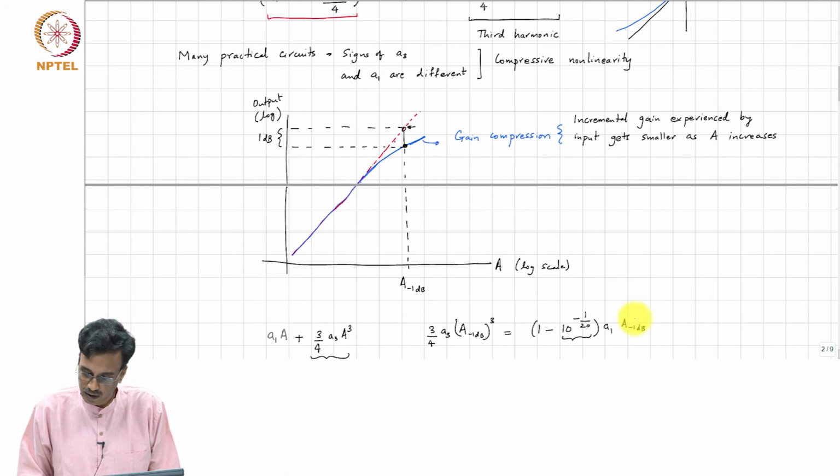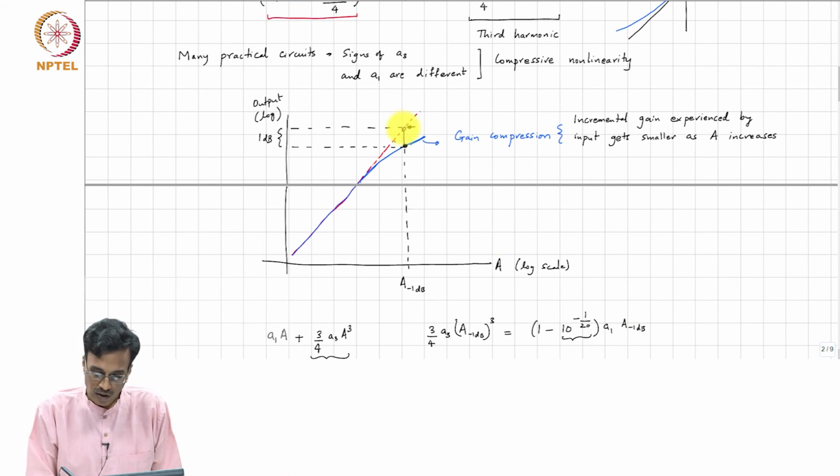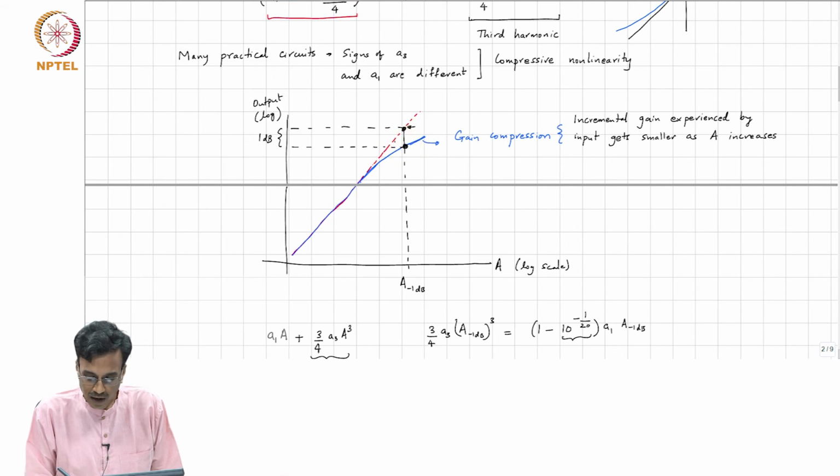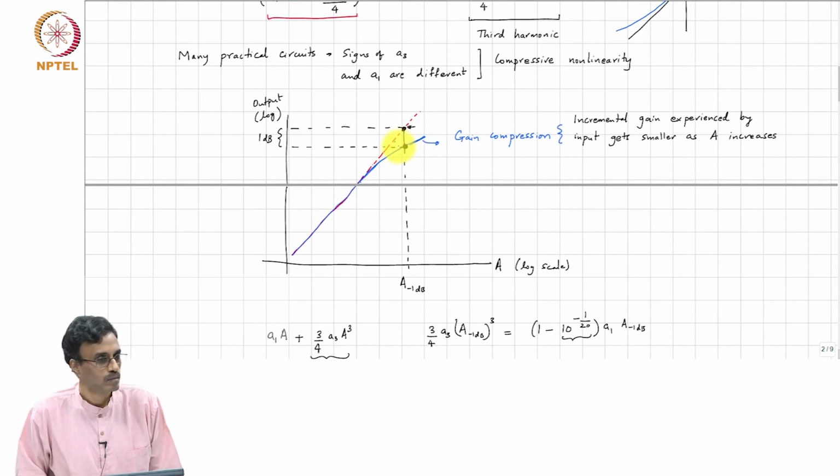So, on the red line there would have been A1 times A minus 1 dB, and we want the blue curve at that point to be 1 dB lower, correct. It has to be 1 dB lower.